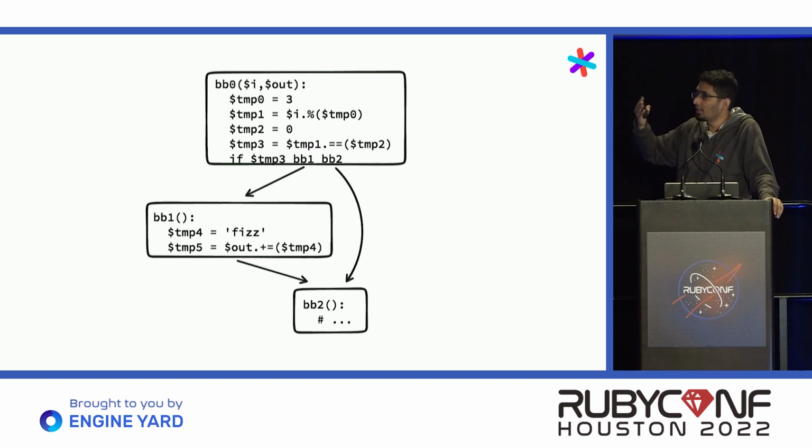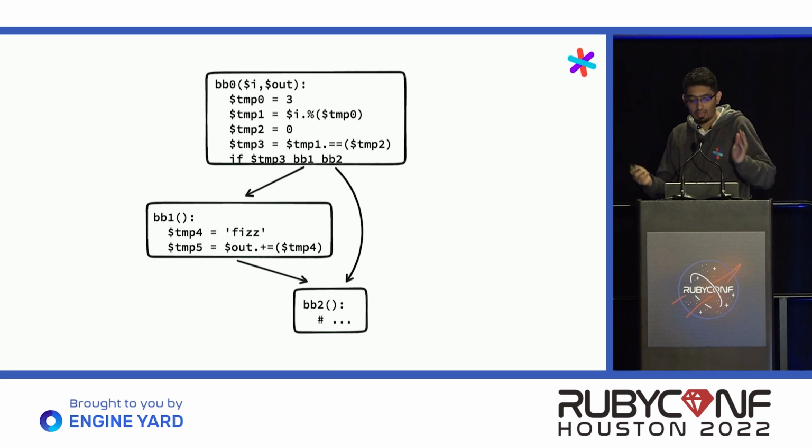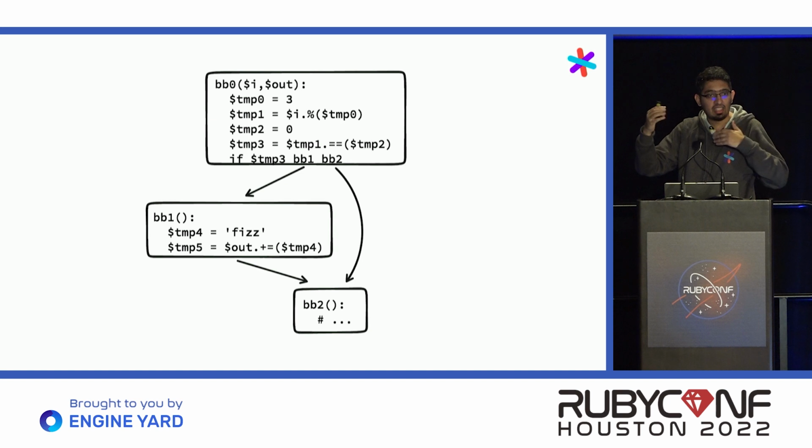Topological order just means traversing the blocks from top to bottom. You wouldn't traverse basic block 2 before basic block 1. The reason you do it is because definitions need to come before usages.